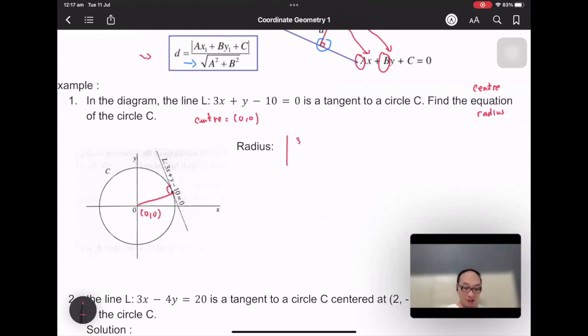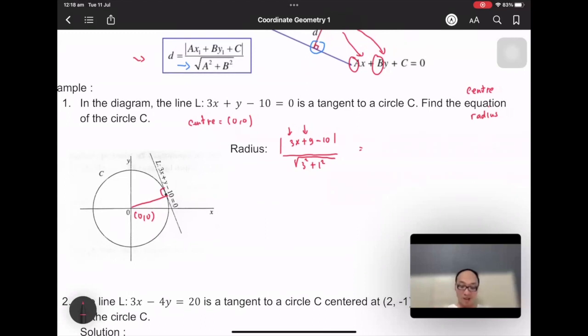So the line equation is 3x plus y minus 10. We put the absolute value, that means the result will always be positive, divided by square root of 3 square plus 1 square. It's taken from the coefficients of x and y. So we replace the 0, 0 here, the coordinates. So 3 times 0 plus 0 minus 10 over square root of 3 square plus 1 square.